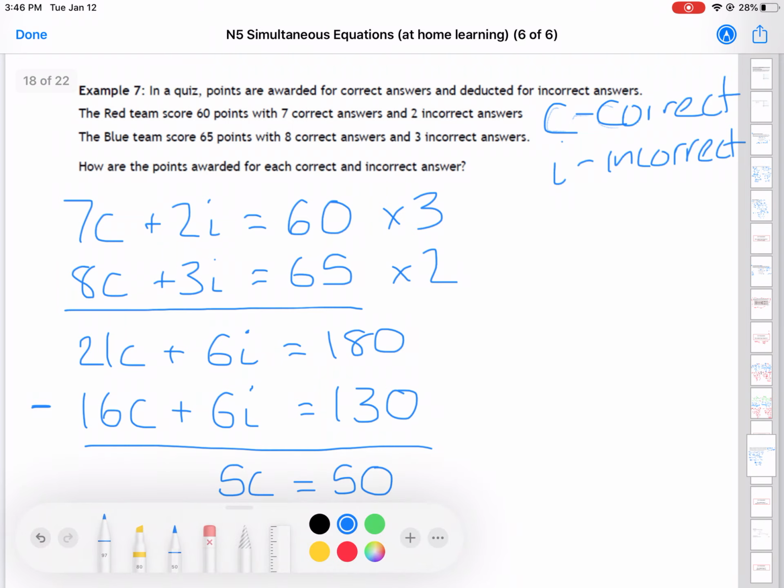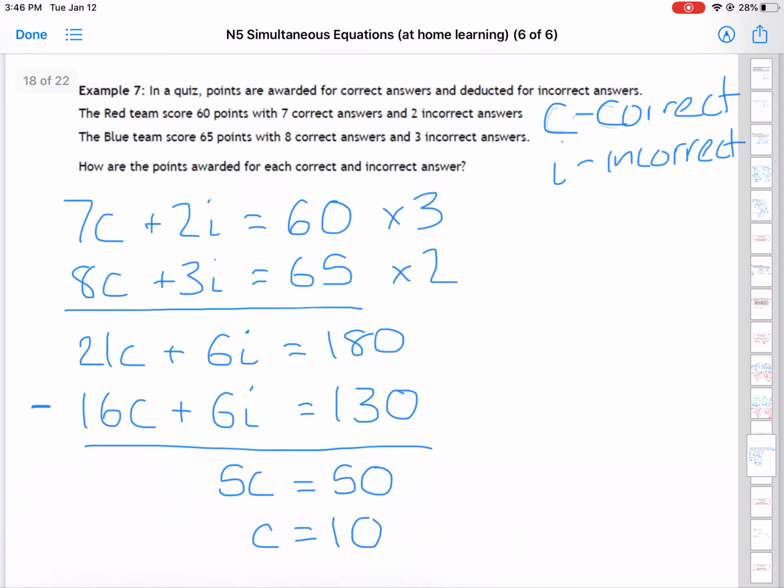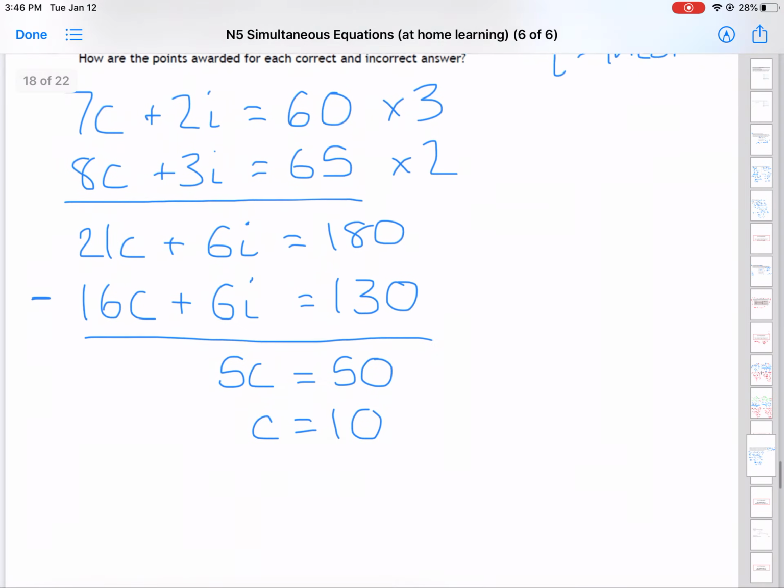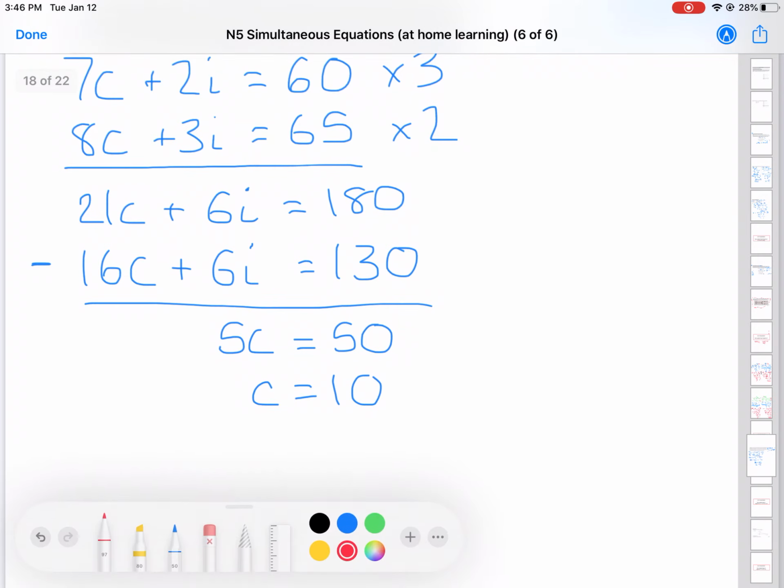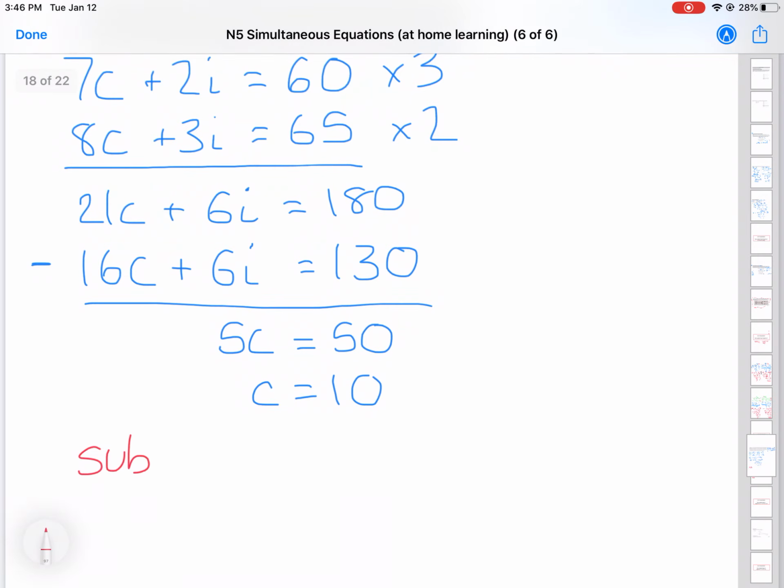Okay, next step, of course, is to do a bit of substitution. So I'm going to sub c equals 10 into, which one? There's 1 and there's 2. Let's go for equation 1.